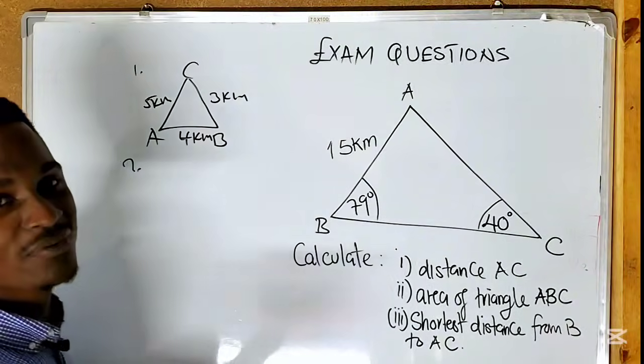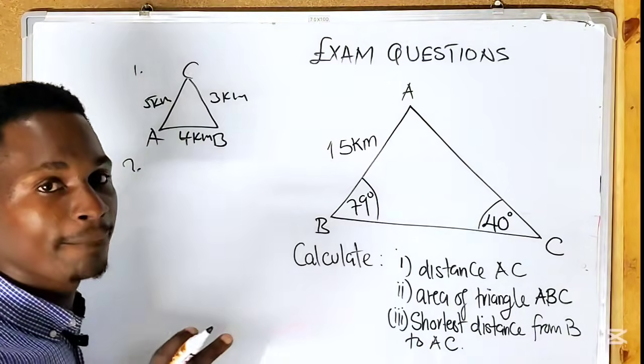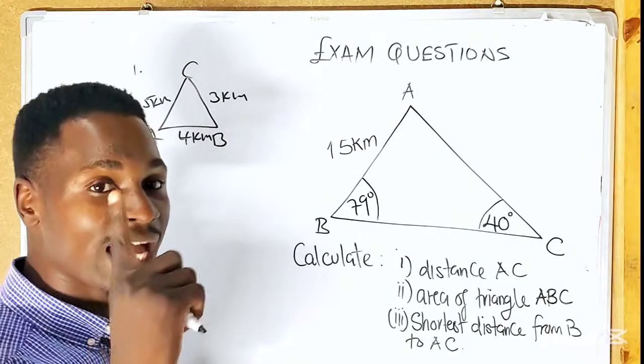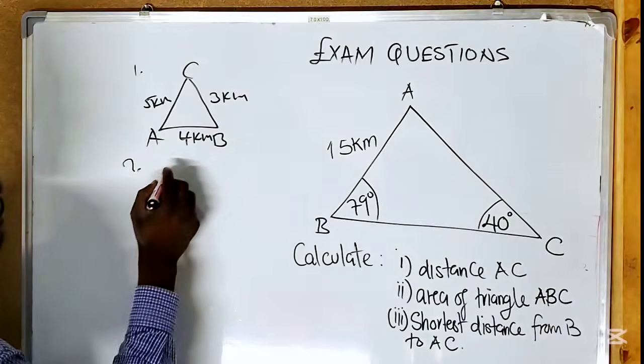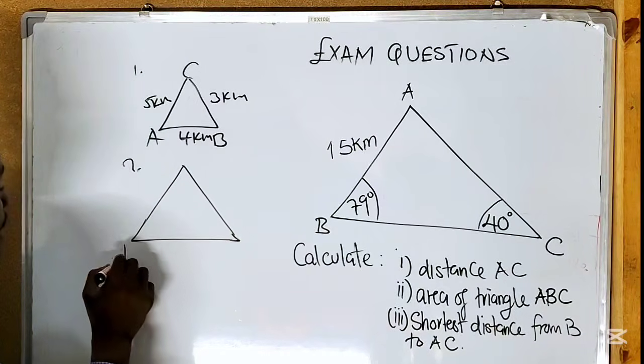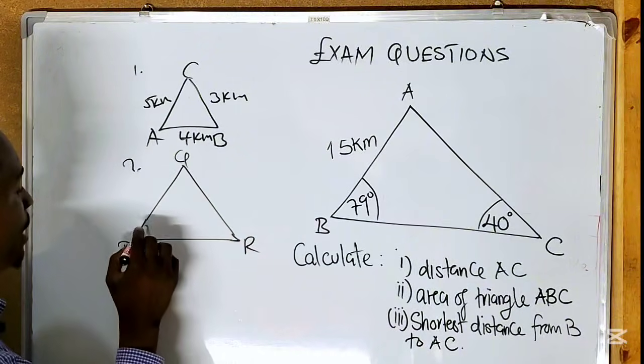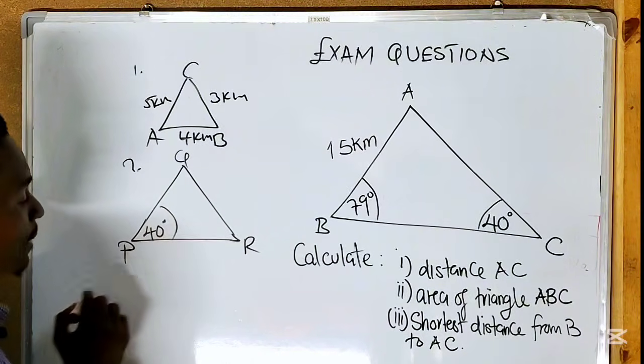The second condition for using the cosine rule is that you're supposed to be given two sides and an angle, and these two sides are in such a way that the angle is in between. Let's say P, Q, R. If you have an angle here, let's say 40 degrees, okay?